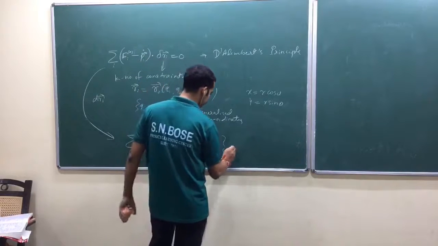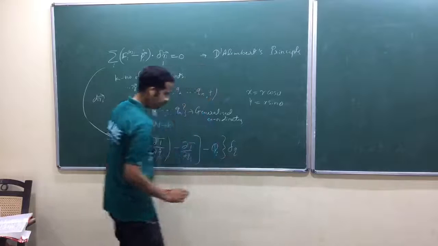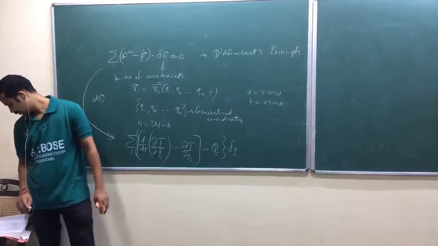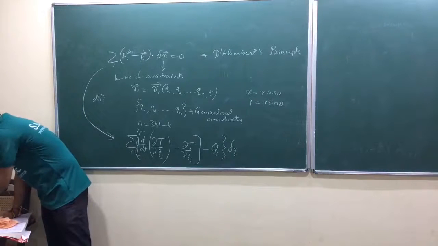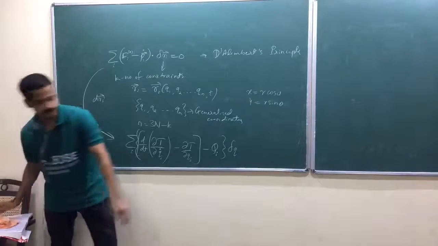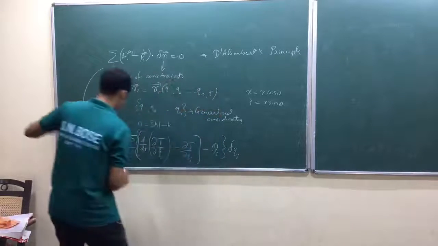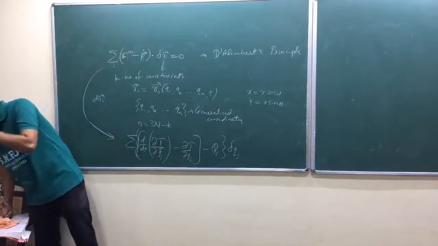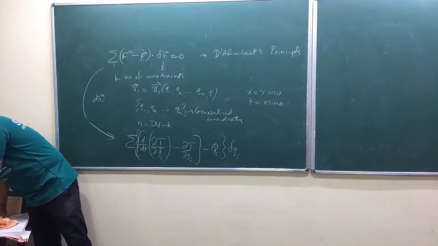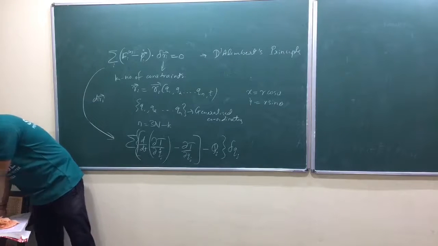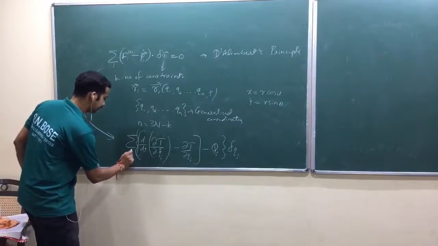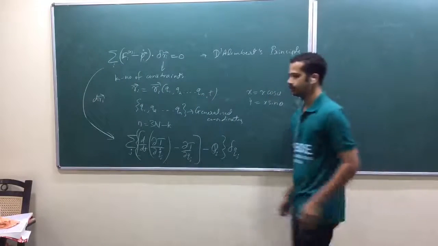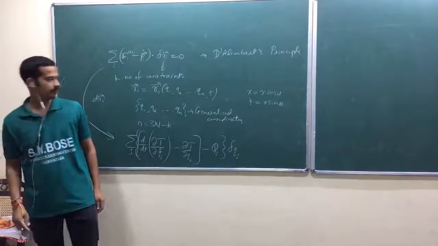So when we do that one, delta qj, wait a second, delta qj, summation over j only, sorry. Now i will not be there, look at here, i will not be there.